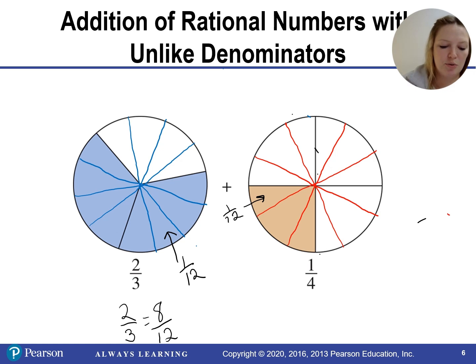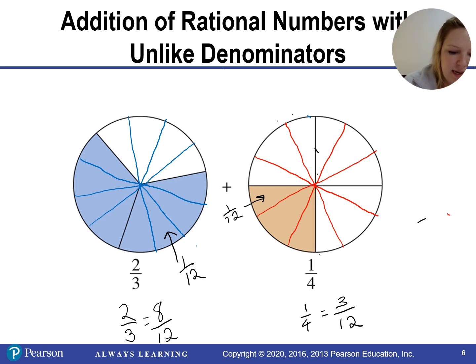I have 2/3 plus 1/4, which is really just combining 8 pieces of size 1/12 plus 3 pieces of size 1/12.